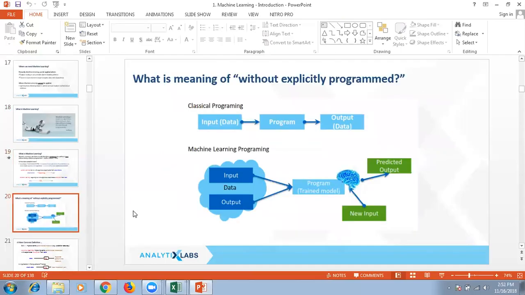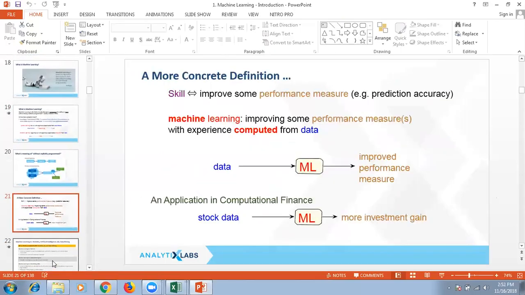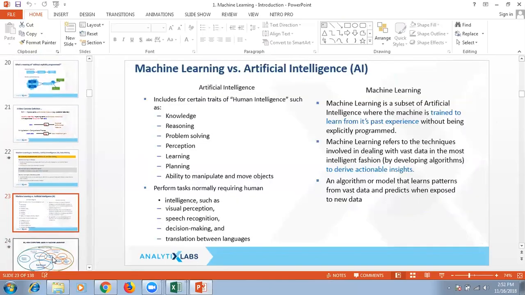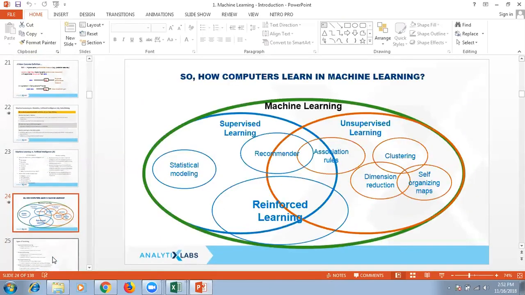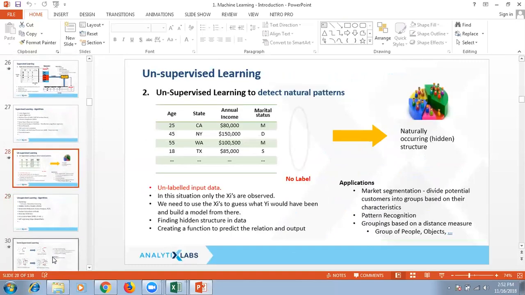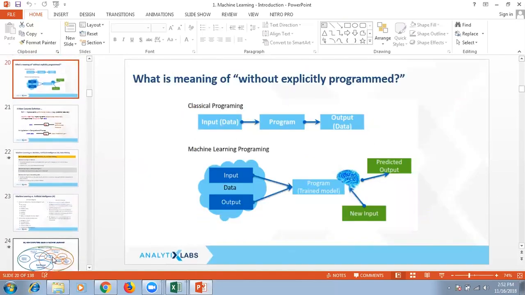Good. So I think this is what I was referring to when I was talking about the machine learning approach. In classical programming, the input is the data, it passes through a program, and you get the output. But in a machine learning program, I supply the input and the output and ask it to come up with a model, and that model will be finalized, and based on that you will get the predicted values.